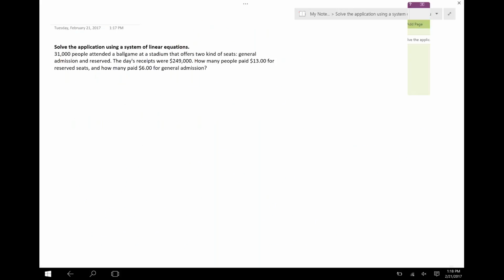Solve the application using a system of linear equations. So 31,000 people attended a ball game at a stadium that offers two kinds of seats, general admission and reserved. So we're going to say that X is for general admission and Y is for reserved. The day's receipts were $249,000.